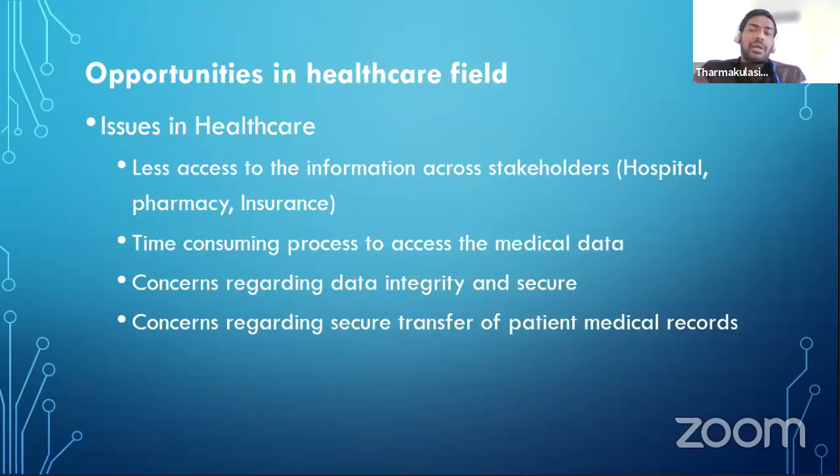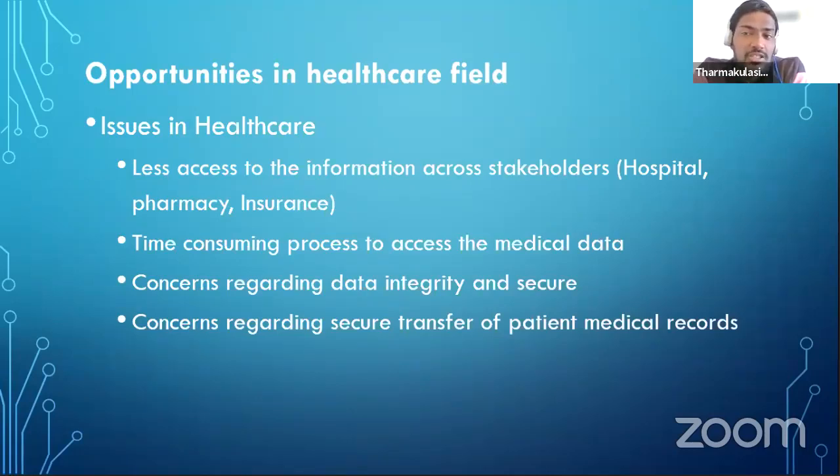The other main field is healthcare. The main issue in healthcare is less access to information across stakeholders: doctors, patients, pharmacies, insurances, and research institutions. We need to send information back and forth, and they need to access each other's information to come to decisions. There is less access to this information, and it is time-consuming.